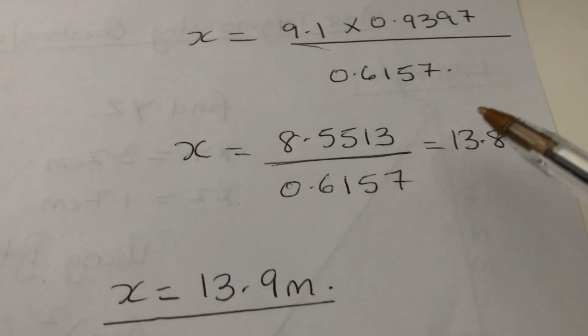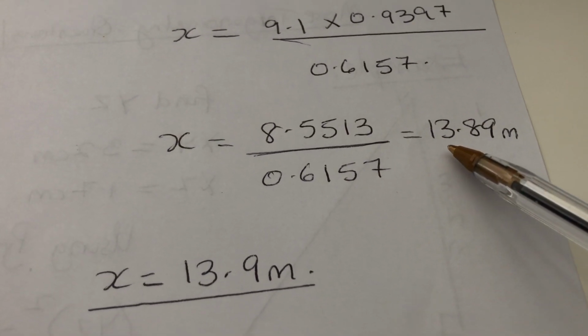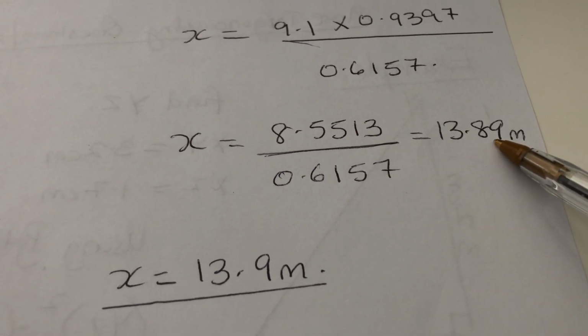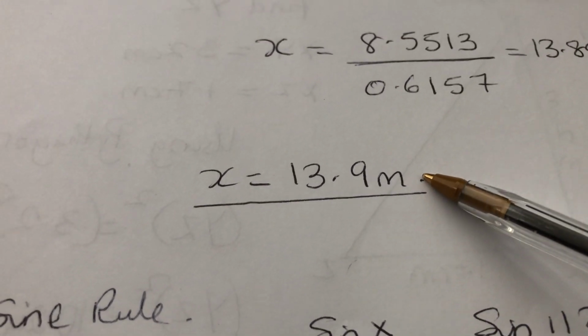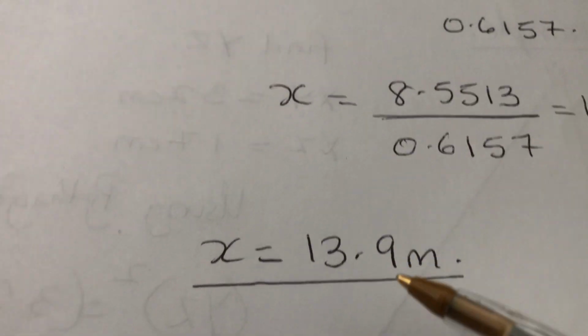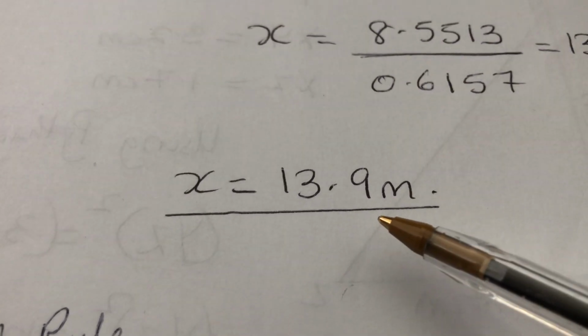So x will be 13.89 to 2 decimal places, or 13.9 to 1 decimal place, or 14 meters to the nearest whole number.